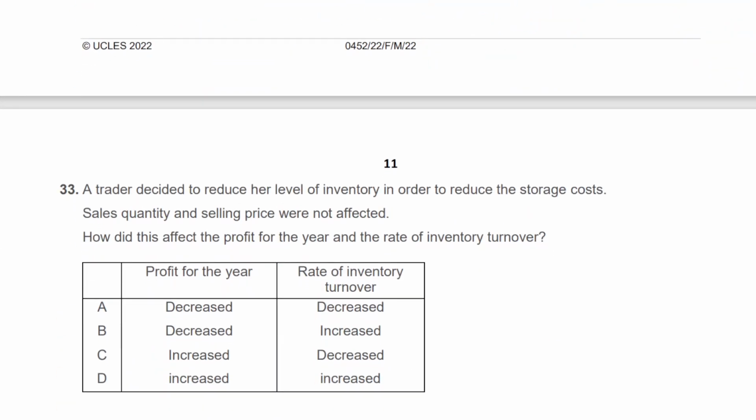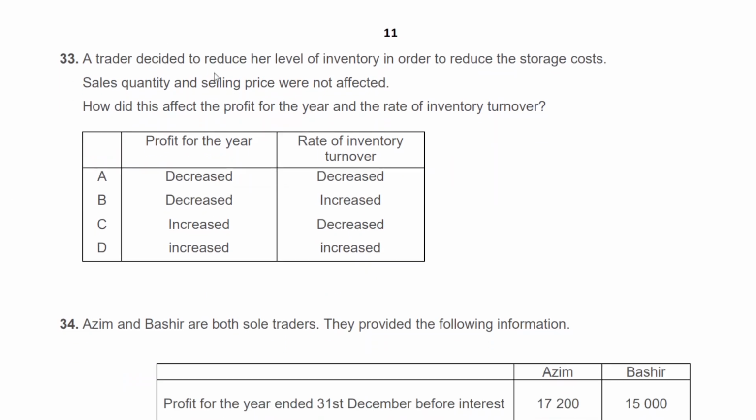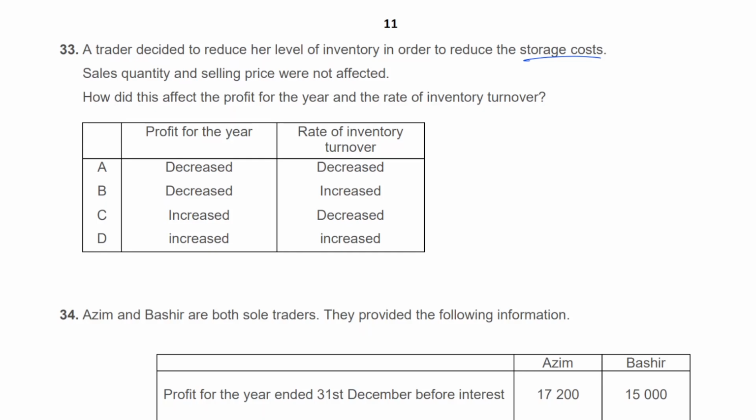Let's move on. Number 33, a trader decided to reduce her level of inventory in order to reduce the storage cost. Fair enough. Sales quantity and selling price were not affected. How did this affect the profit for the year and the rate of inventory turnover? Perhaps she advertised more, but somehow she reduced it without affecting the price. And that's going to increase the total profit for the year.